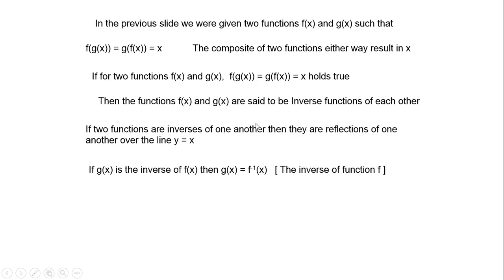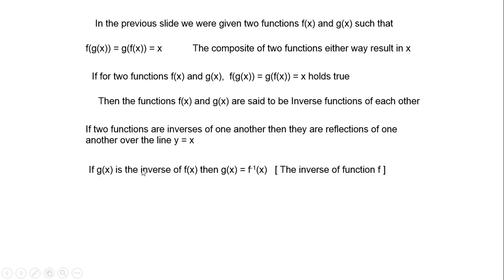Now there's also something geometrically peculiar about these functions, as we'll see as well. So we're going to see that these functions, which are inverses, are exact mirror images of one another across the line y equals x.